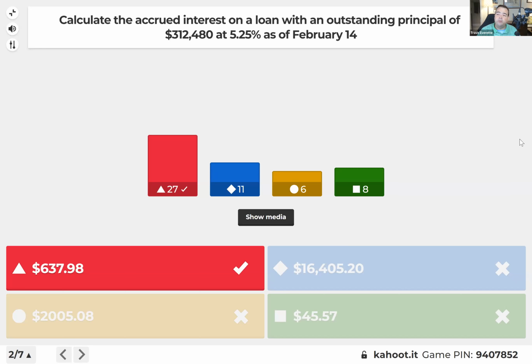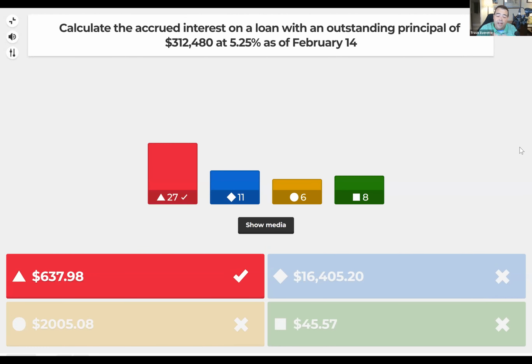So a little bit less certainty on this one than the previous one. Here's the thing, folks. There shouldn't be less certainty here because it's really the same question done again. The only difference, instead of 1 day of interest this time, what are they essentially asking you for? 14 days of interest. But don't forget, if you're paying accrued interest, you never go outside of that month.